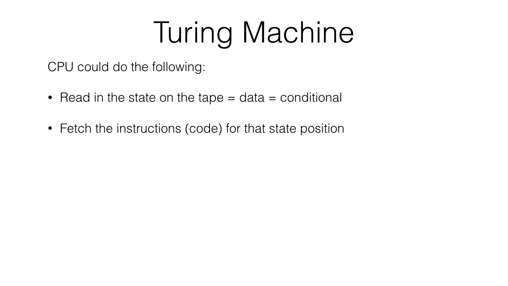What Turing's machine would do is go and fetch the code for that particular state. I know I'm sitting at this state position because I was told to go to that state position. So I'm sitting at 134, I go and I fetch the instructions or the code. I then read what's on that tape, and it gives me that conditional. I'm using the code, I can then decide if the conditional is set to a particular state.